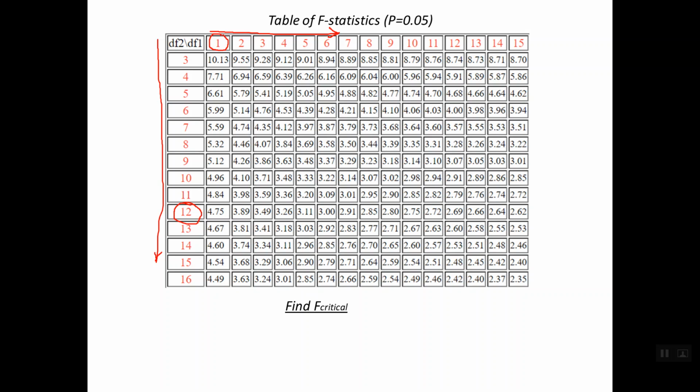So at the intersection between these two values, we get the value of F critical, which is 4.75. So the critical value for alpha equals 0.05, degrees of freedom for the numerator equal to 1, and degrees of freedom of the error, which is 12, is 4.75.